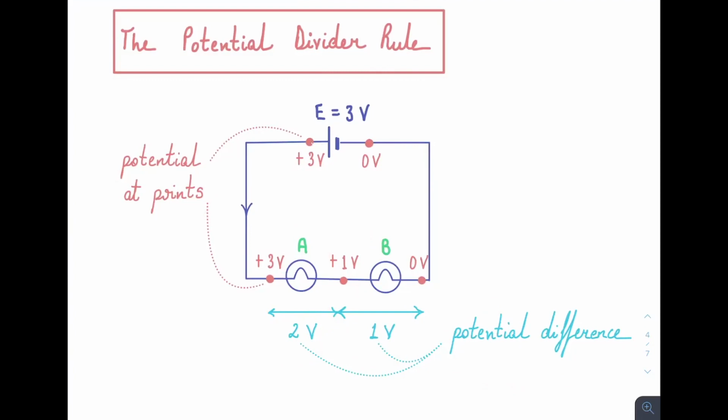So here we see that any point in between the positive terminal of the battery and bulb A is at a potential of plus 3 volts, since, as we said earlier, no electrical energy is consumed along this connecting wire. For the sake of the argument, we are taking the voltage across bulb A to be 2 volts, meaning that the potential at any point between bulbs A and B is plus 1 volt.